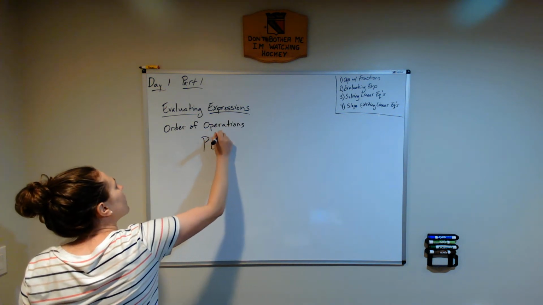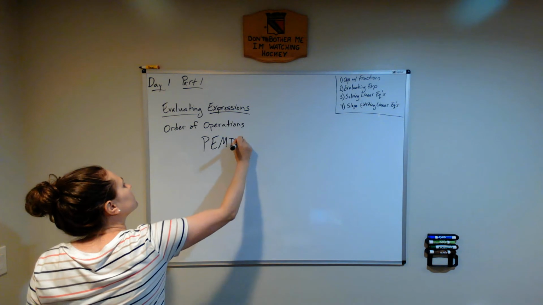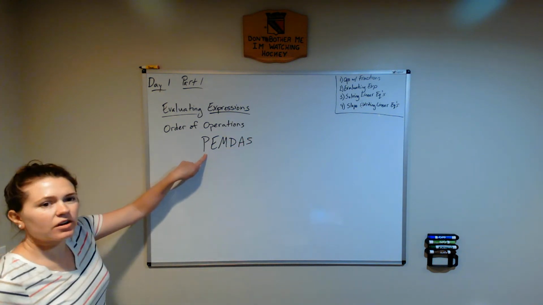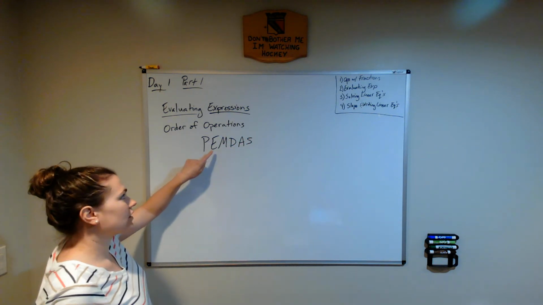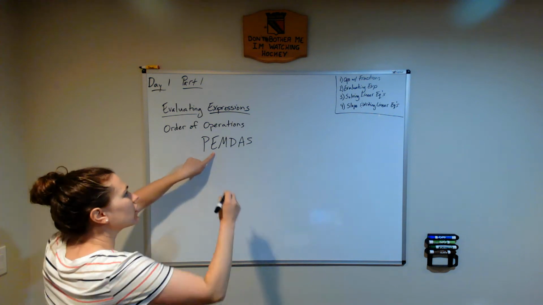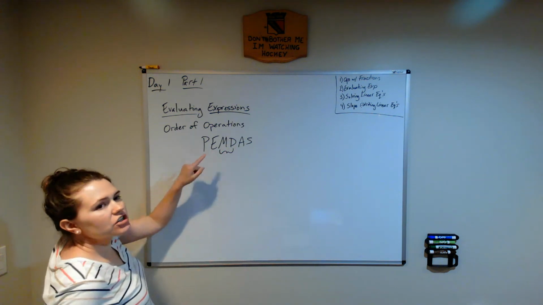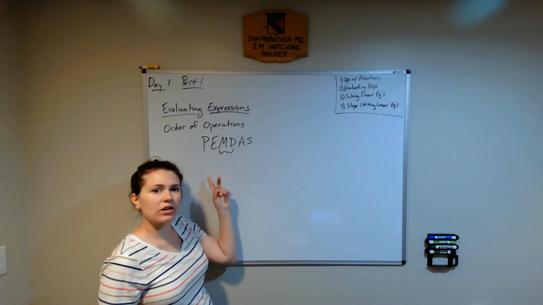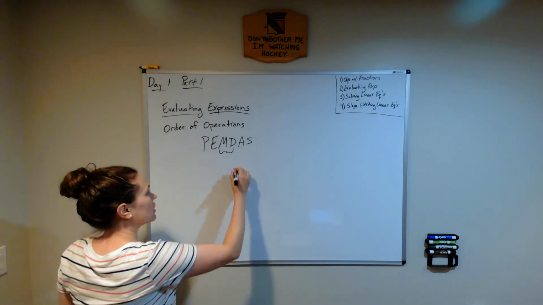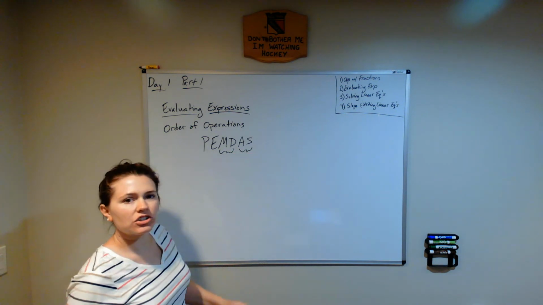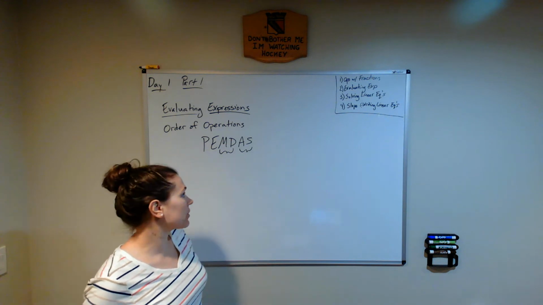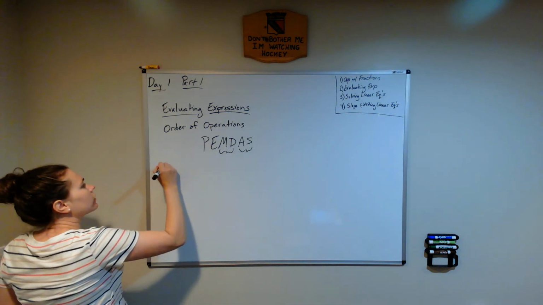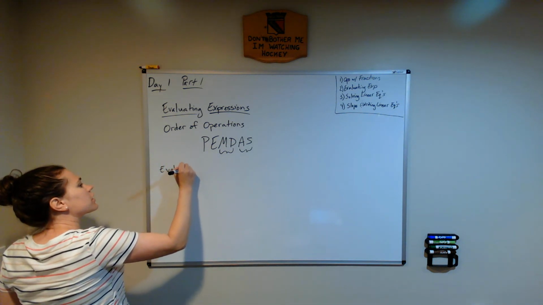PEMDAS. We always work inside our parentheses first, then we take care of exponents. Remember, multiplication and division have the same hierarchy. You work left to right with multiplication and division, and then addition and subtraction, they have the same hierarchy. You work left to right. So we're going to evaluate each expression.